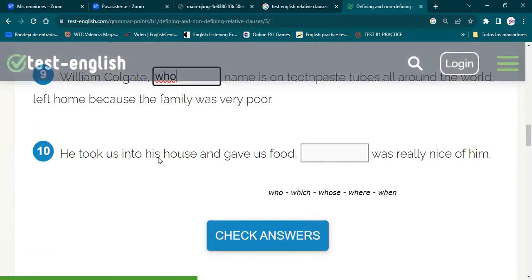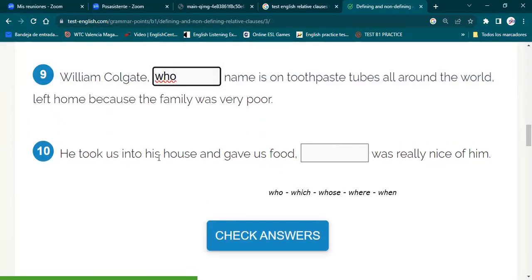Okay, Guido. He took us into his house and gave us food. It was really nice of him. I'm talking not about the food, but about the action.